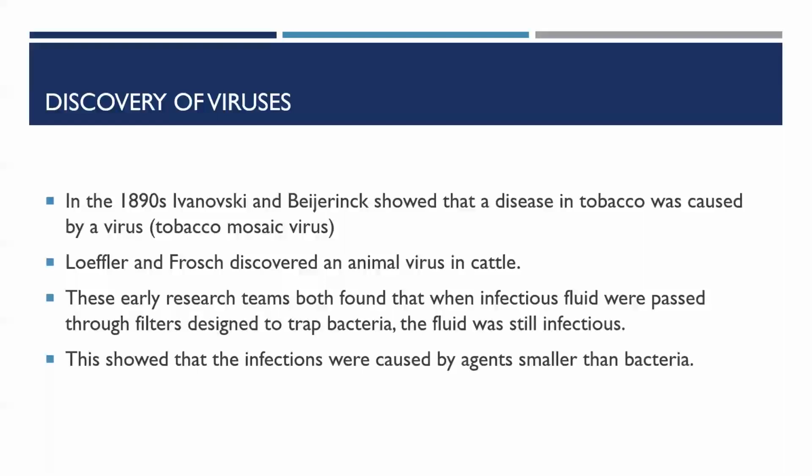But because viruses are smaller than bacteria, they wouldn't get stuck in the filter pores, they'd run right through. And so even after filtering it, the fluid was still infectious. This showed that the infections of the tobacco mosaic virus and these animal viruses in cattle were caused by agents smaller than bacteria.